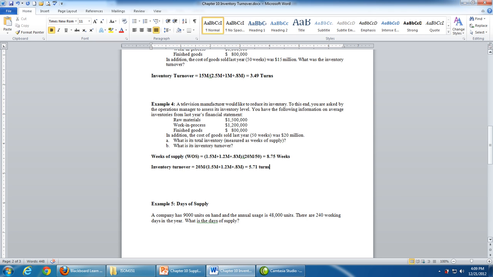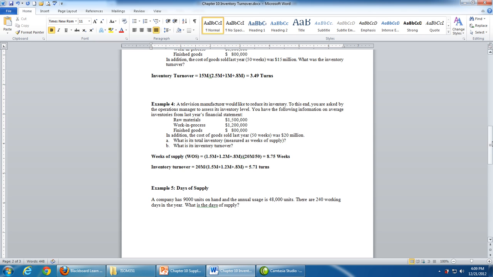If we would like to evaluate the current situation of a television manufacturer by using these two numbers, we might evaluate that the organization is not in a good inventory situation because the organization has a high amount of inventory.